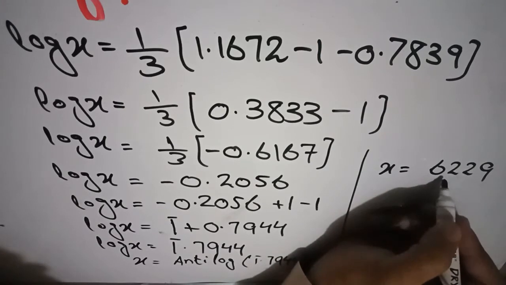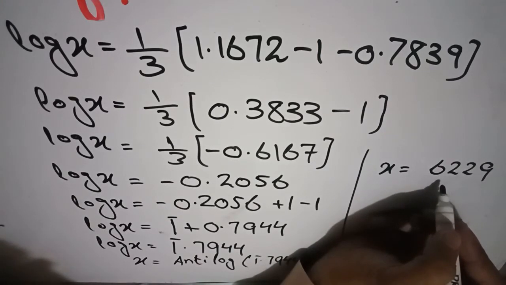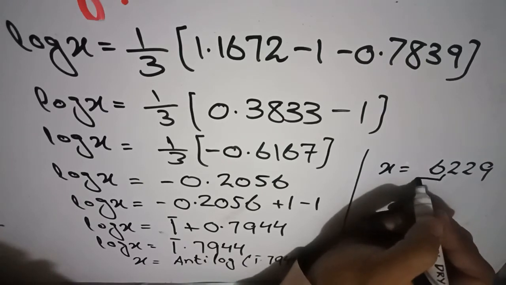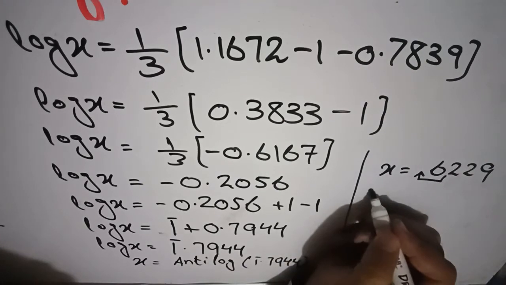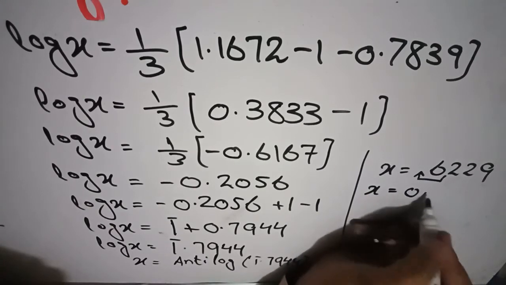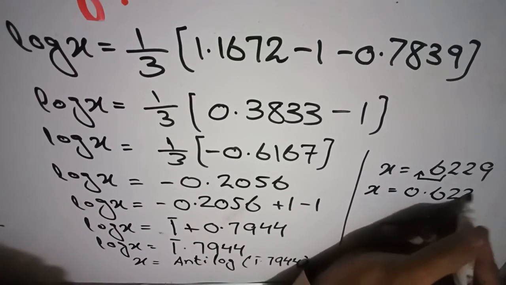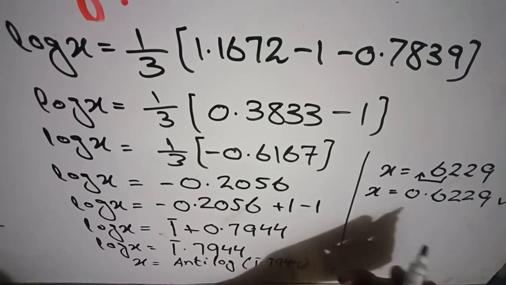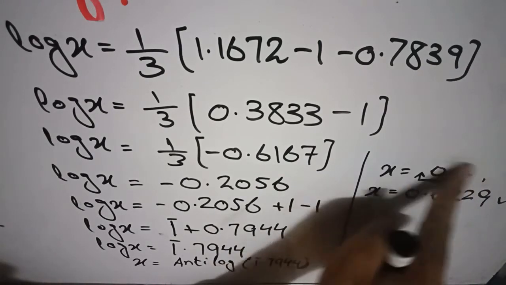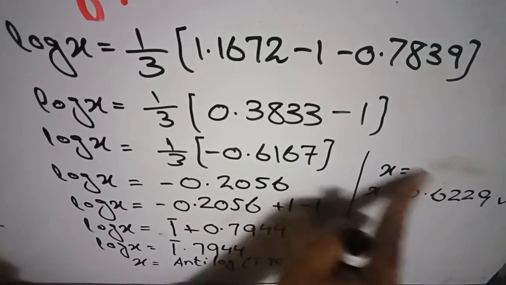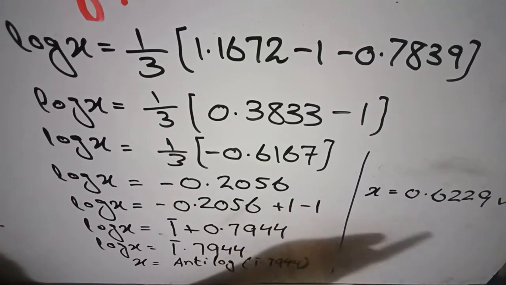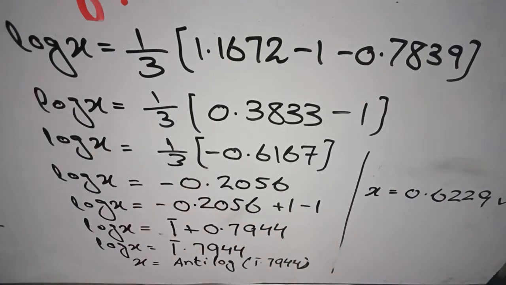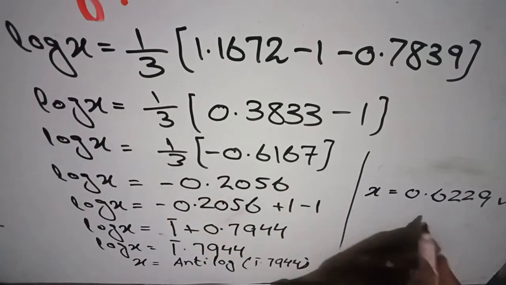The actual position of the point in standard form is here, so the point will move from there to there. So you can write 0.6229, and this will be the actual answer. You can remove this step; I have just written it to help you understand the concept of taking the antilogarithm. So this is the answer.